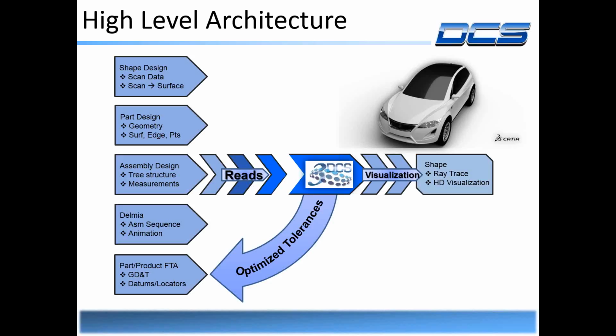The idea is that we synchronize, we read this into 3DCS, we optimize not just tolerances but design and process, and then we don't just produce statistical results, we provide visualization, and we allow the user to really see what the given assembly will look like in that process with live rendering, leveraging the high definition visualization built right into CATIA V6.